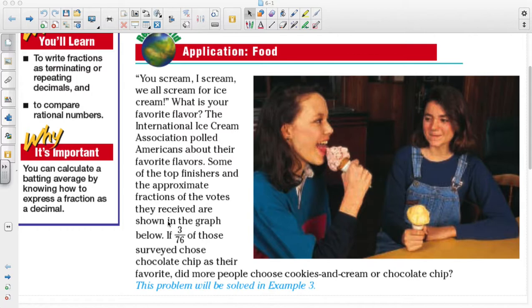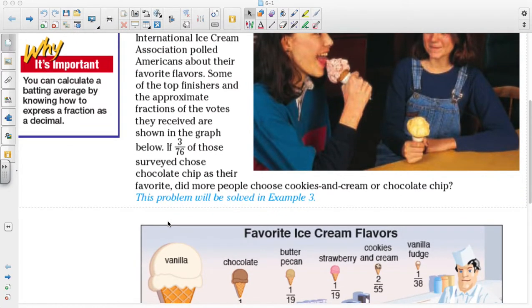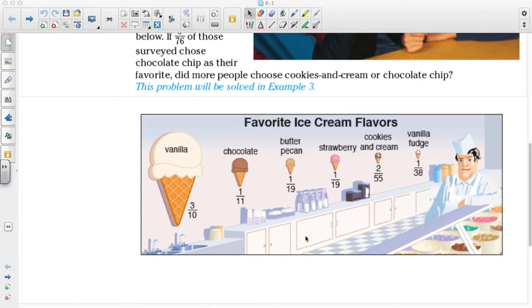If 3 over 76 of the surveyed chose chocolate chip as their favorite, did more people choose cookies and cream or chocolate chip? We will solve this problem in example 3. And let's take a look at the flavors that are involved here in this particular chart.